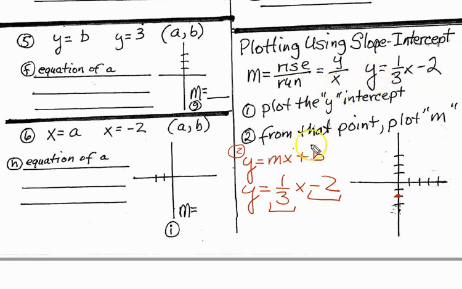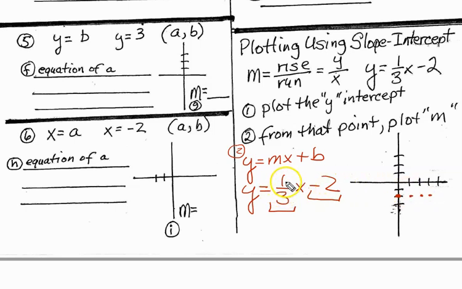And when we plot this, if it's positive, and there are different ways to do this, but I would suggest you do the run first. Run is horizontal. So it says 3 x units. So we're going to go over 3 mentally. 1, 2, 3.